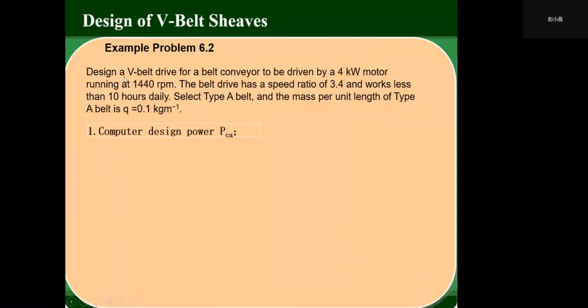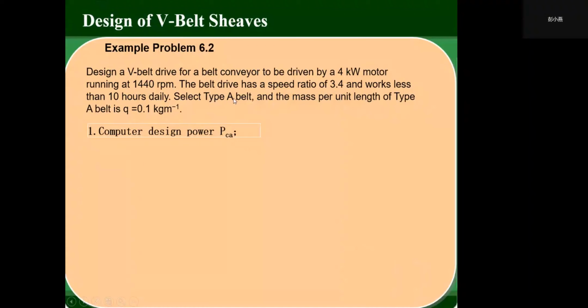Example 2 is to design a V-belt drive for a belt conveyor to be driven by a power of 4 kilowatts, and the speed n1 is 1440 revolutions per minute, and then the belt drive has a speed ratio I of 3.4 and works less than 10 hours daily, and we use the Q, the mass per unit length.